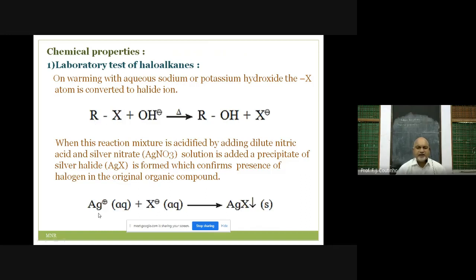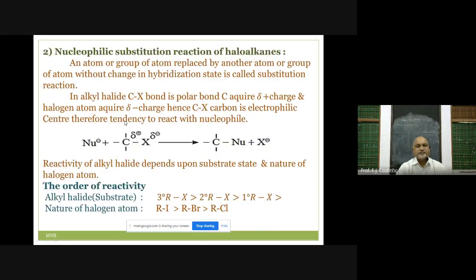So here silver is treated with this halide ion and you get silver halide in the form of a precipitate. So this is the proof that there is a presence of halogen in the original organic compound, that is an alkyl halide, also called haloalkanes.